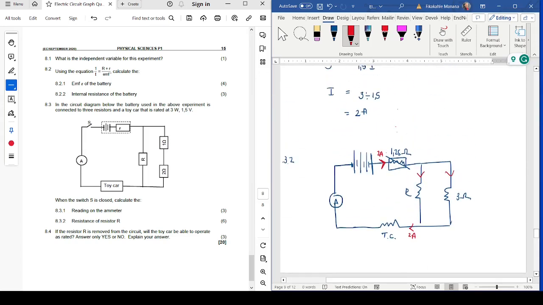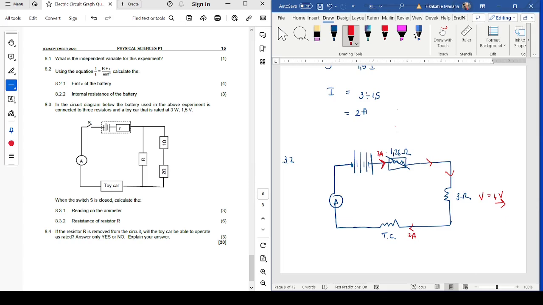Okay, finally, if the resistor R is removed from the circuit, will the toy car be able to operate as rated? Let's see. So we remove resistor R. Okay, so now we have our 2 amperes flowing through here. So the voltage there would be 6 volts.